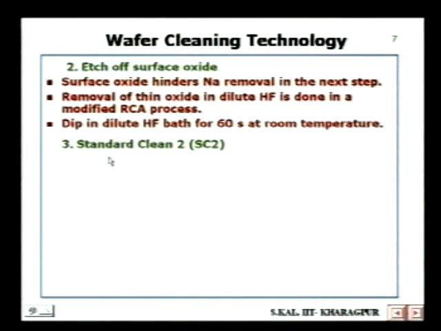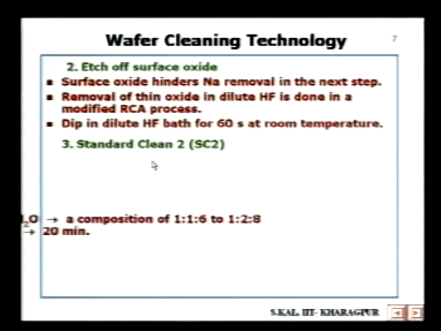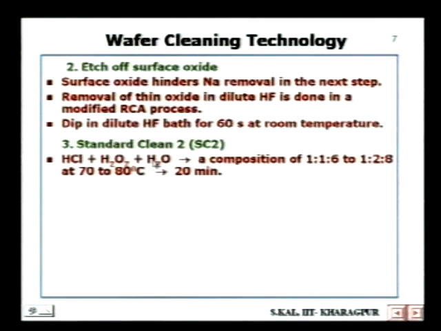Now we come to standard clean 2, that is SC2. What is SC2? The SC2 clean process again requires a solution composed of hydrochloric acid, hydrogen peroxide and water, with compositions of 1:1:6 to 1:2:8, meaning 1 part HCl, 1 to 2 parts hydrogen peroxide, and 6 to 8 parts water.